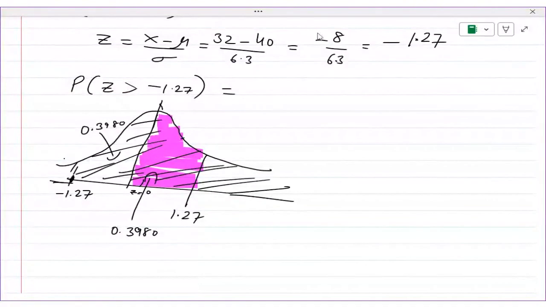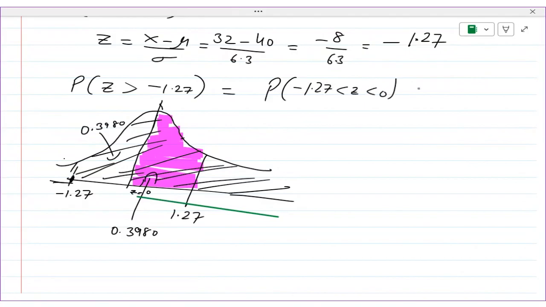Now total area on the right side of 0 is 0.5. And between 0 and minus 1.27 is 0.39.